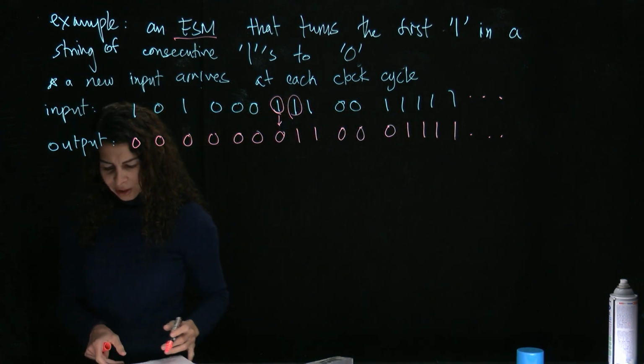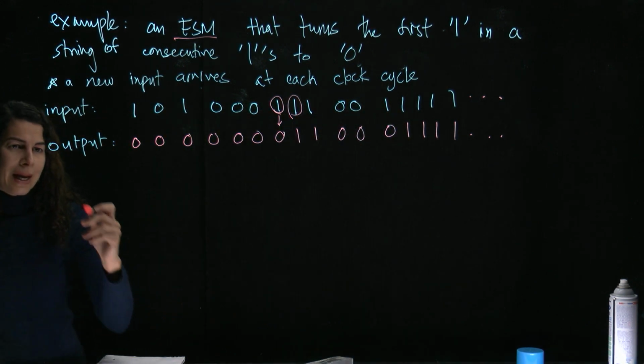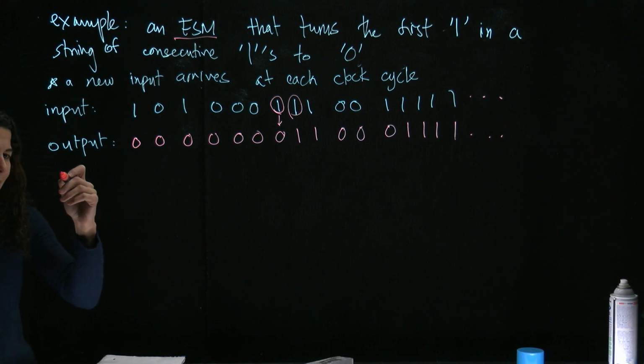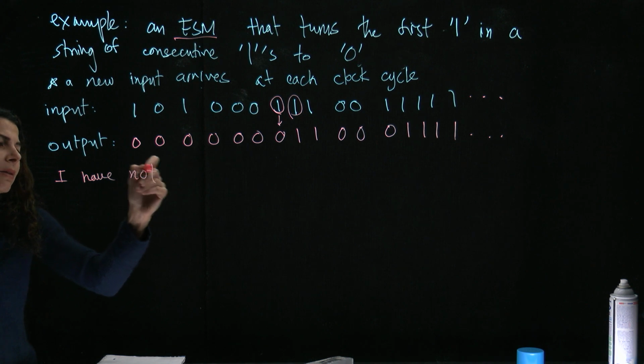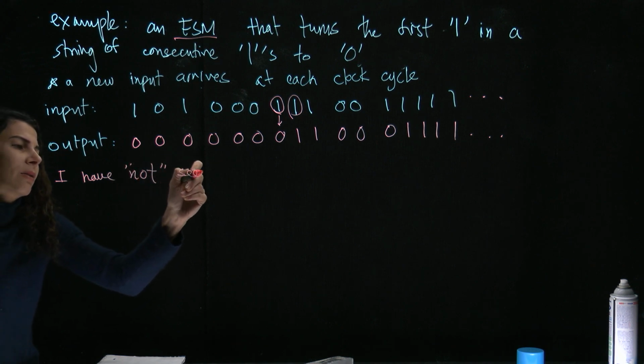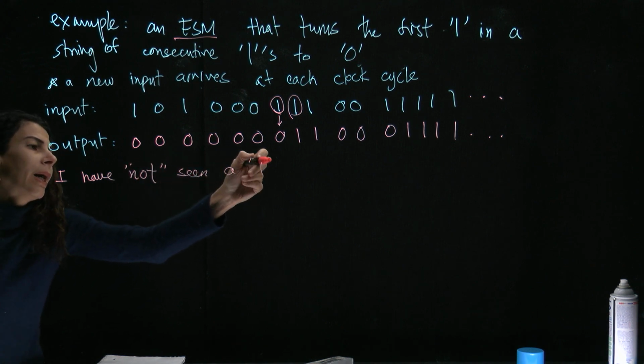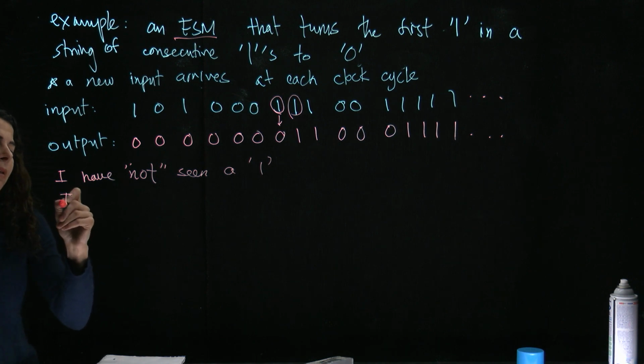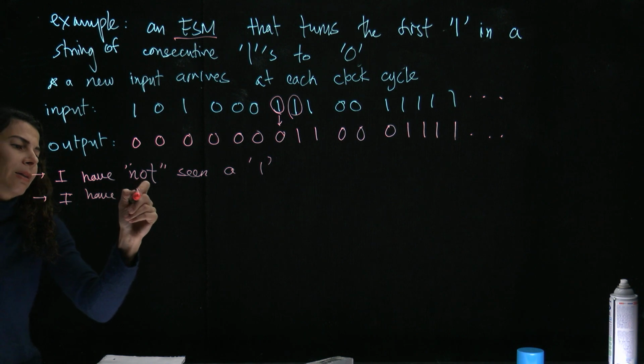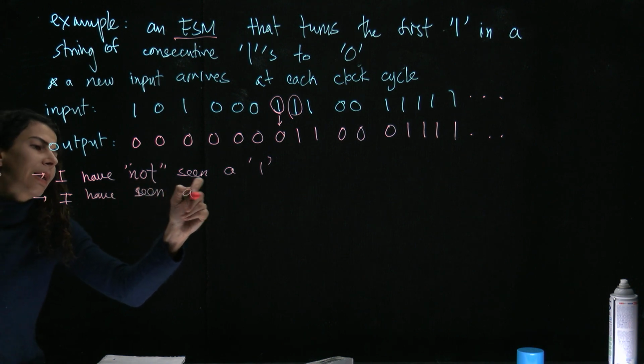So let's just have this distinction. I'm in a state where I have not seen a 1. Then another state would be I have seen a single 1.